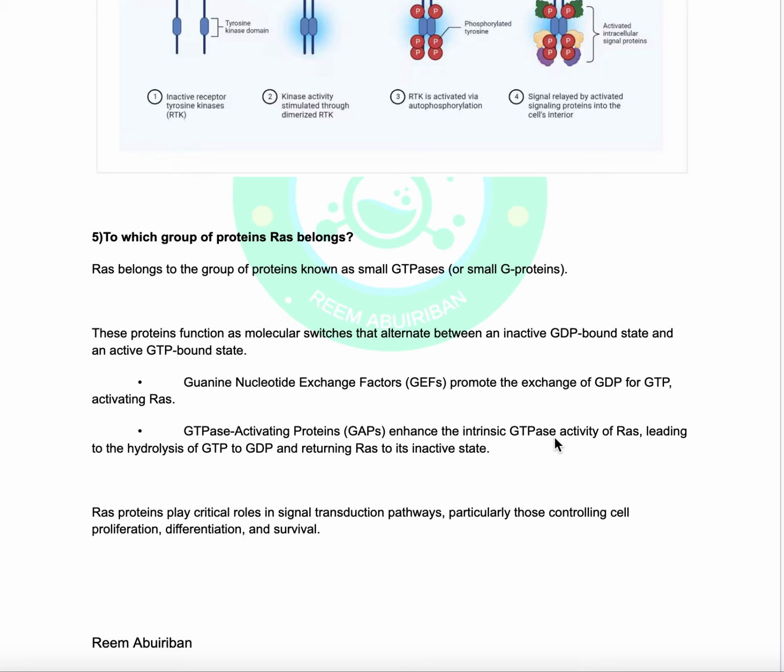Guanine nucleotide exchange factors promote the exchange of GDP for GTP, activating RAS. GTPase activating proteins enhance the intrinsic GTPase activity of RAS, which leads to the hydrolysis of GTP to GDP and returns RAS to its inactive state.